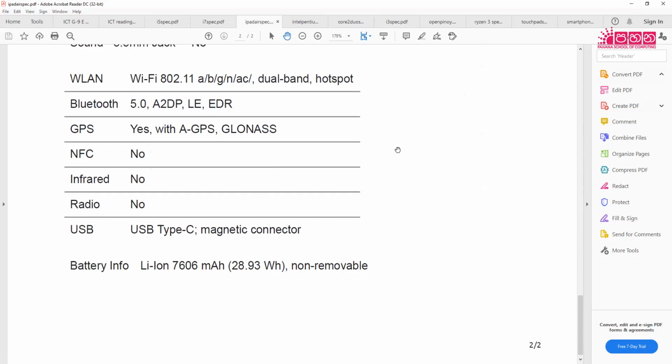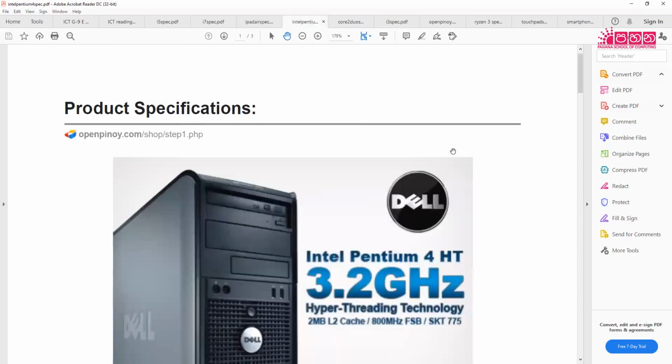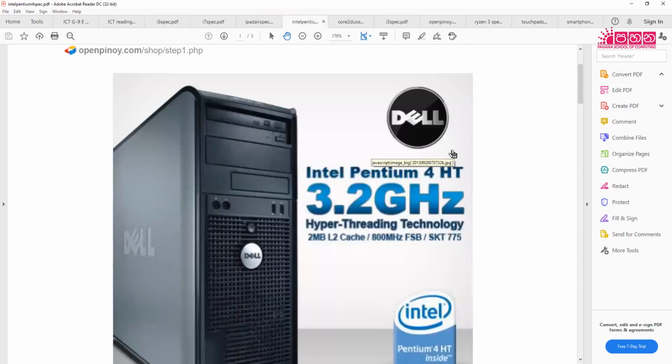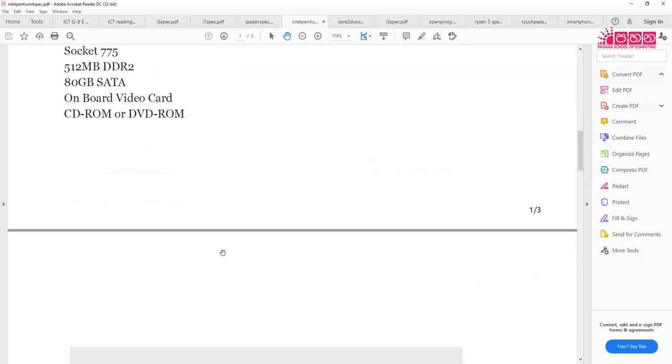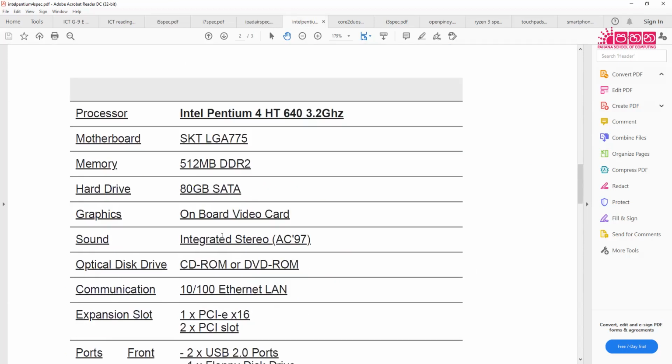Right. Let me start with quite an older one. Let's look at a Pentium 4 machine. So you see warranty is given, spec is given, right?